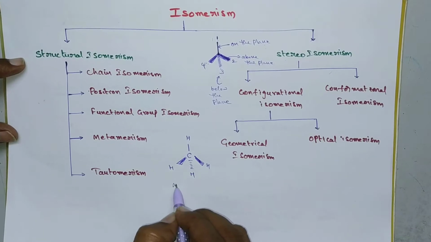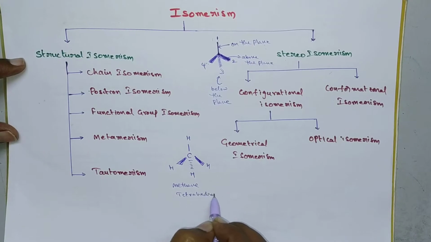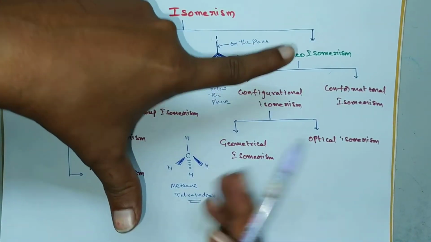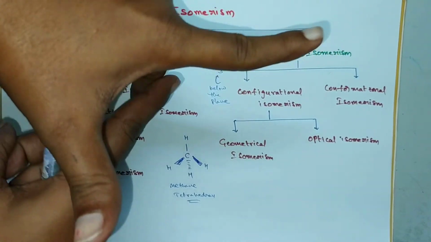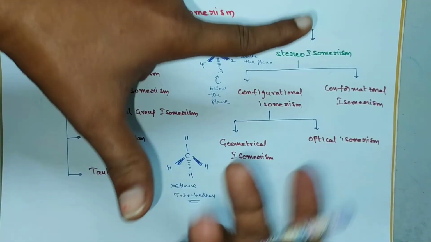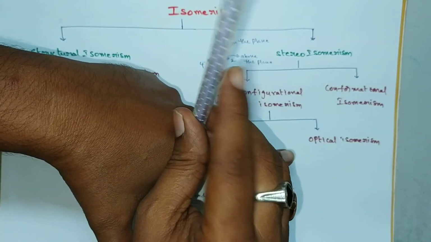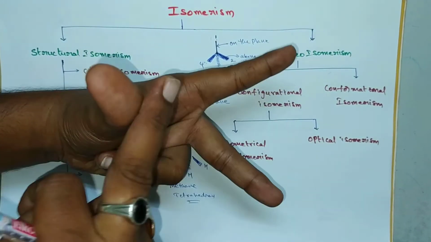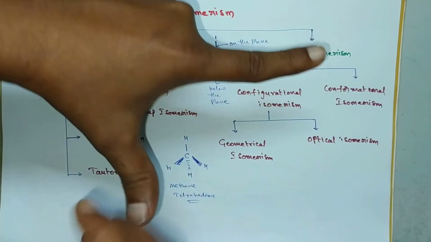This is the tetrahedral geometry. Taking any molecule like this, two hydrogens are above the plane and one is below the plane, not visible to our eye because it is below the plane, and another atom is on the plane. With three fingers we can explain it like this: two are above the plane, one is below the plane, and another one is on the plane.